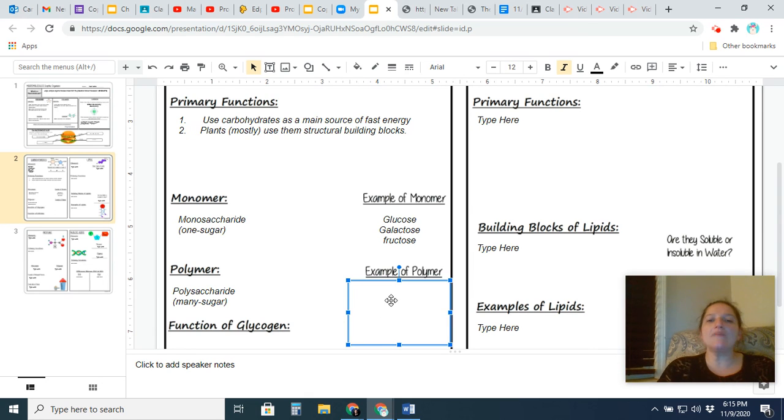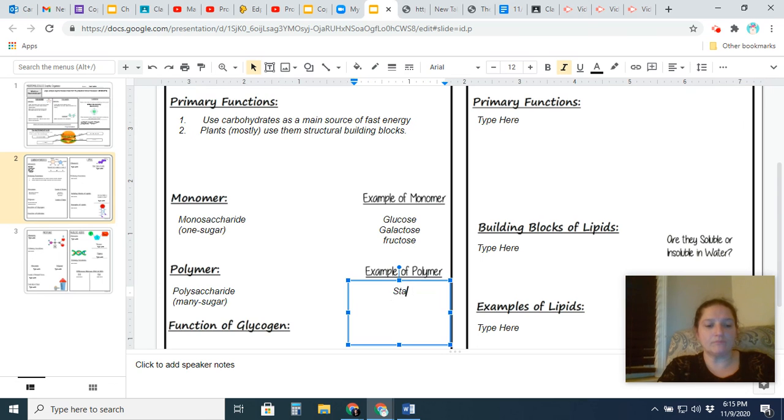All right, so now we have starch, right? We could also have glycogen and cellulose. There's that ose again, right? So we have starch that doesn't end in ose, glycogen doesn't end in ose, but that cellulose, that ose, is a context clue for us to know that it is indeed a carbohydrate.